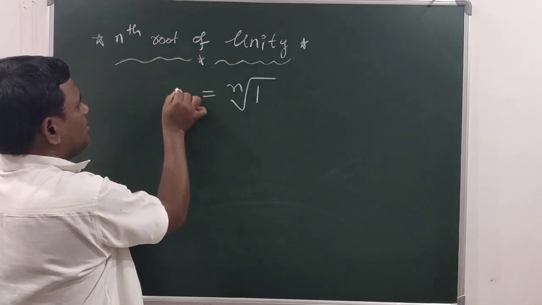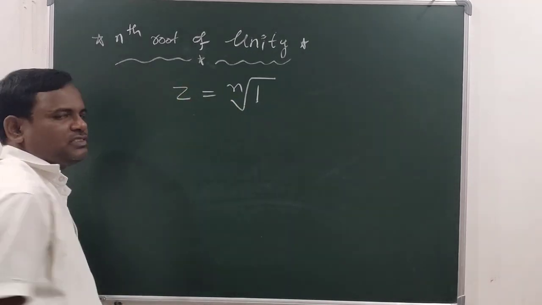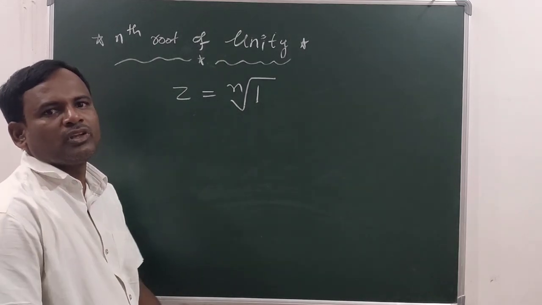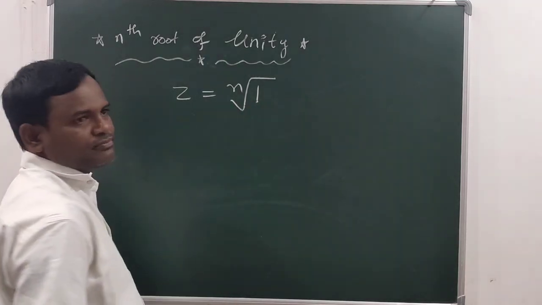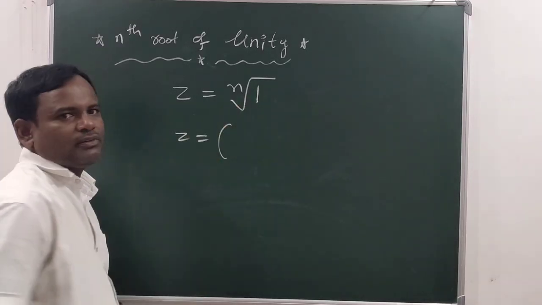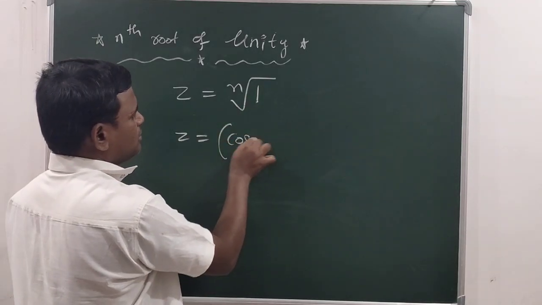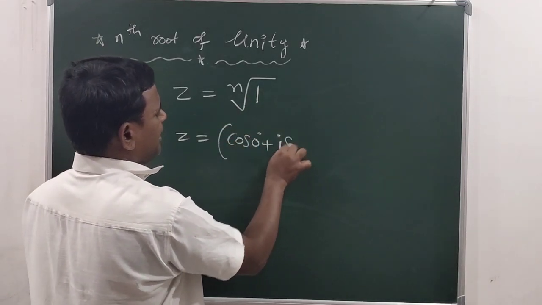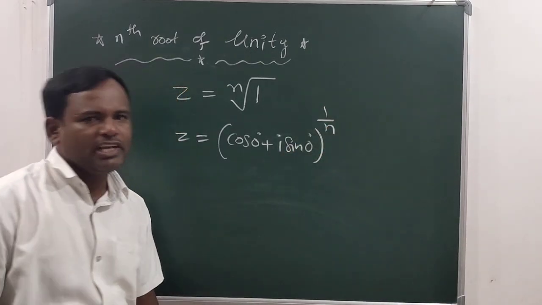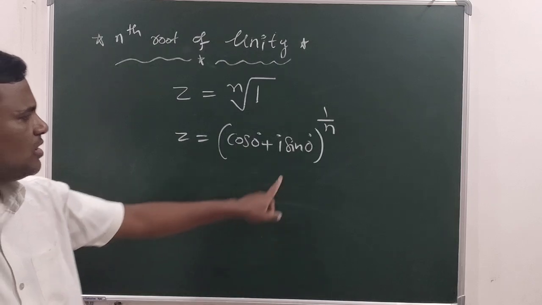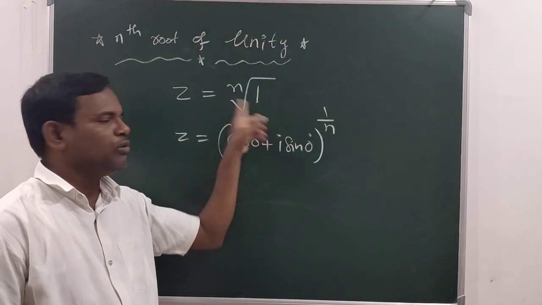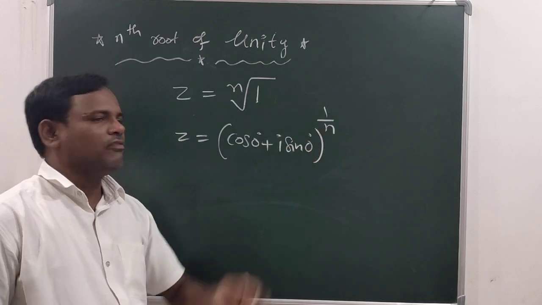Now let us take this value is z. So in place of 1, shall I write cos 0 degrees plus i sin 0 degrees whole power 1 by n. Sin 0 is 0, cos 0 is 1. Now 1 plus 0, 1 only will be left, whole power 1 by n.